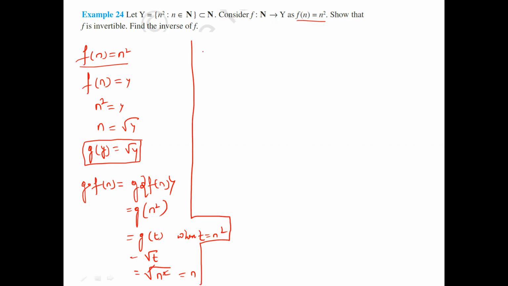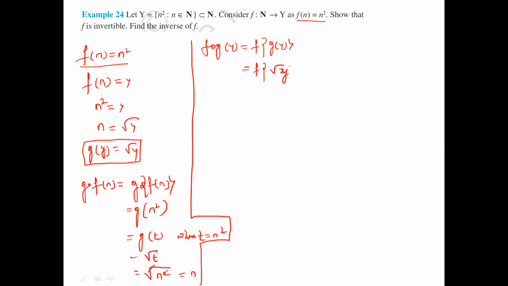Similarly, f composition of g of y also gives the answer y. We have to prove f of g of y. Now what is the g of y value? g of y is nothing but root y.